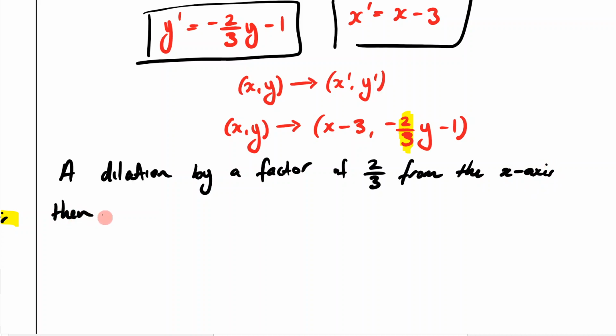Then the next thing that I'm going to read off is my reflection, which is here, this negative. There's going to be then a reflection in the x-axis.